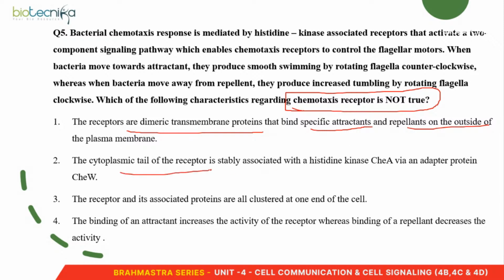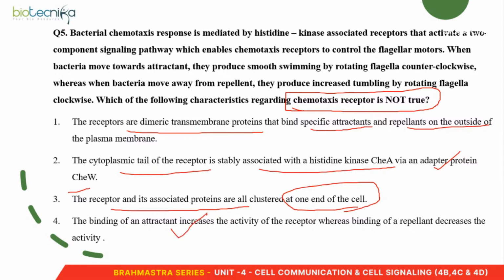The cytoplasmic tail of the receptor is stably associated with histidine kinase CheA via an adapter protein, that is CheW. The receptor and its associated proteins are all clustered at one end of the cell. Binding of an attractant increases the activity, whereas binding of a repellent decreases its activity. Now you need to identify the incorrect statement over here.